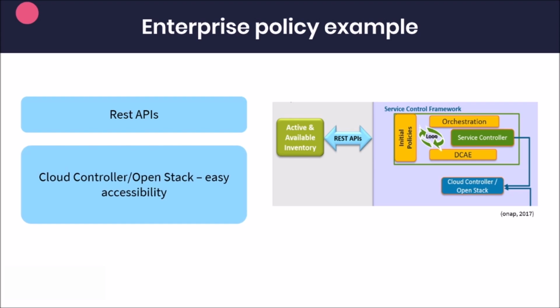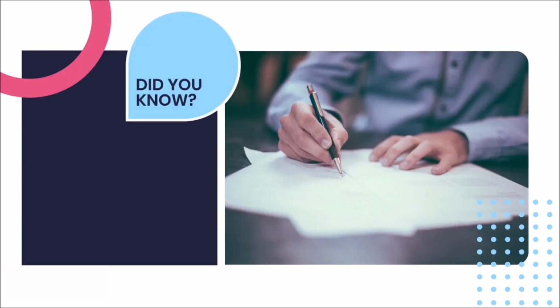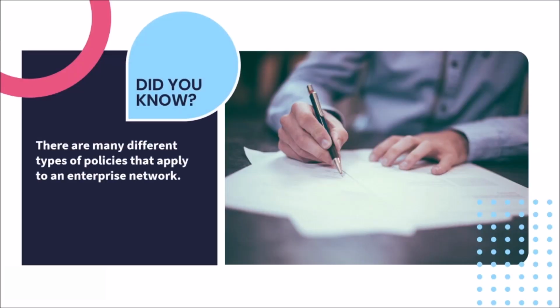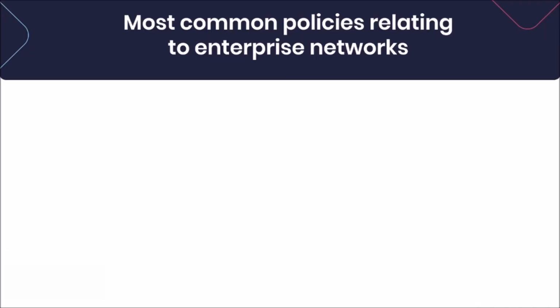You probably already know that there are many different types of policies that apply to an enterprise network. The policies that are adopted would depend on the nature of the business and the type of architecture the business has chosen.